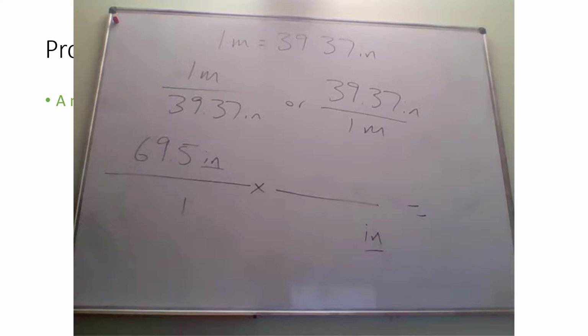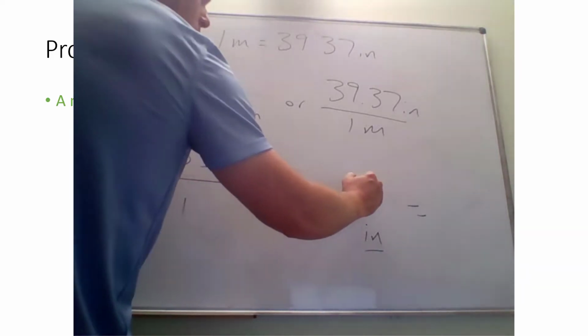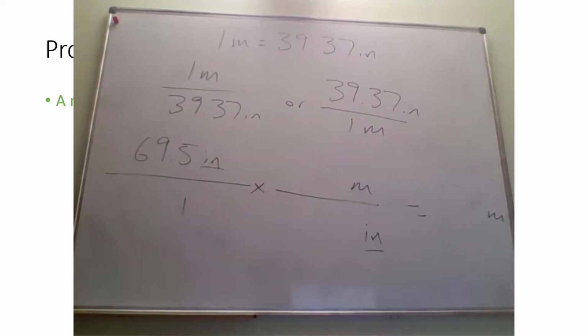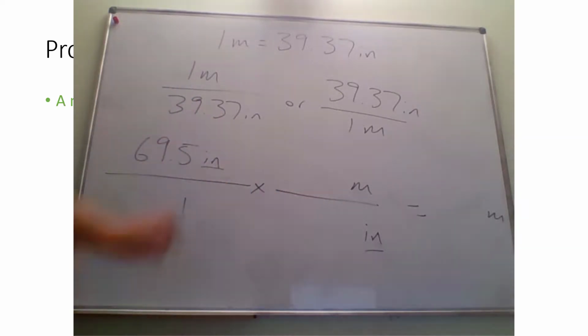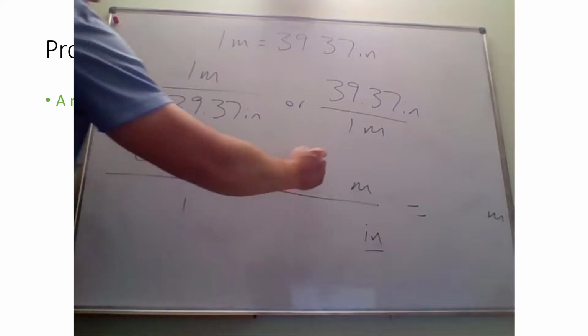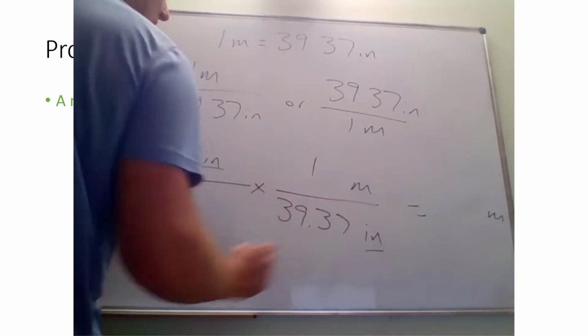If we want to convert inches into meters, we know we want to cancel inches and leave meters, so our final answer will have meters in it. So we choose which conversion factor has meters on the top and inches on the bottom. We find this conversion factor on the left: for every 1 meter, we have 39.37 inches.